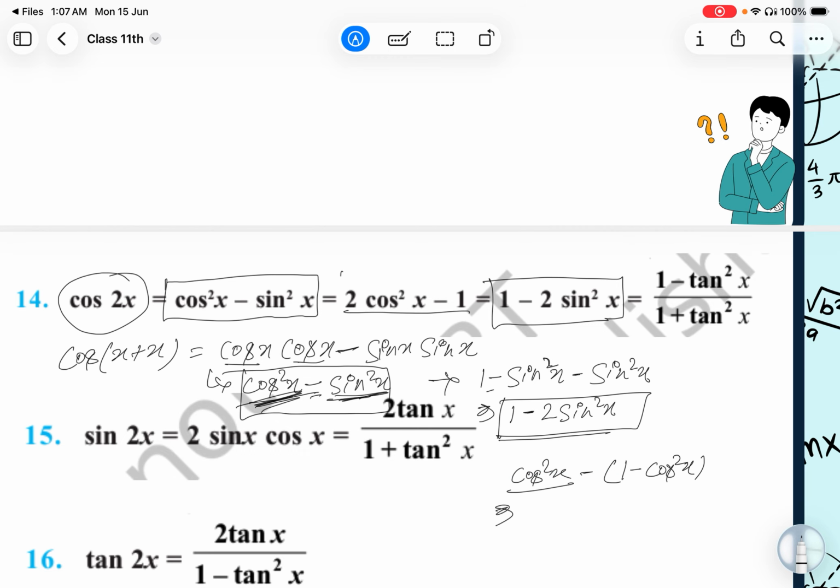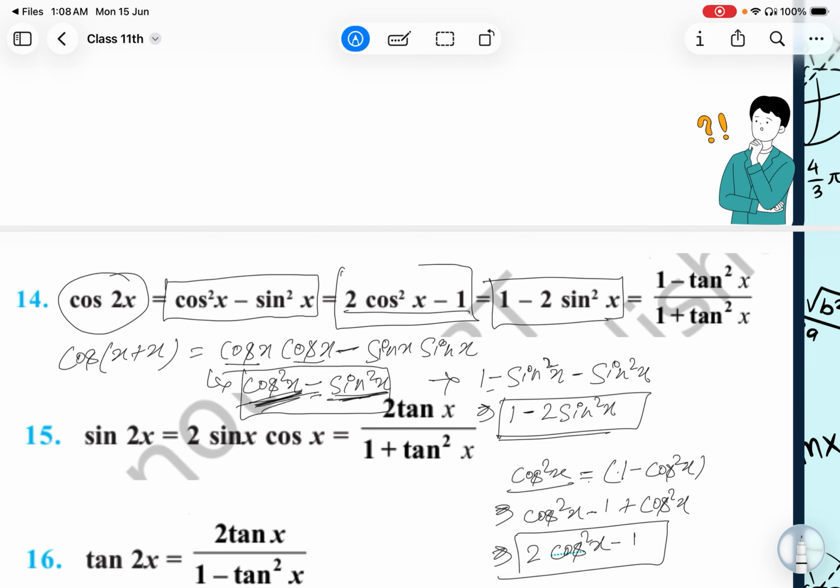Now cos square x minus 1 plus cos square x. So now we have 2 cos square x minus 1. Okay, so this is also proved, right?